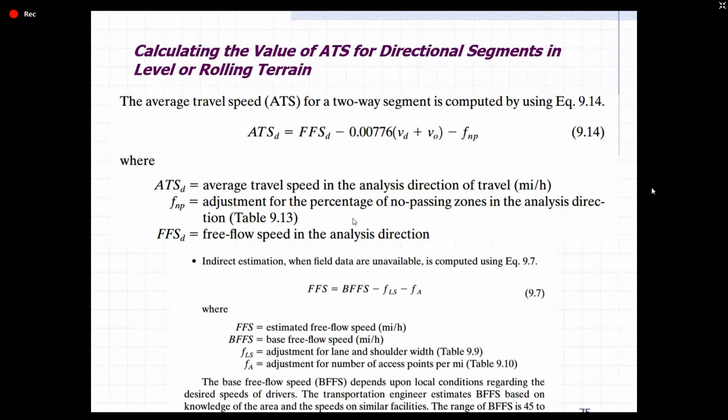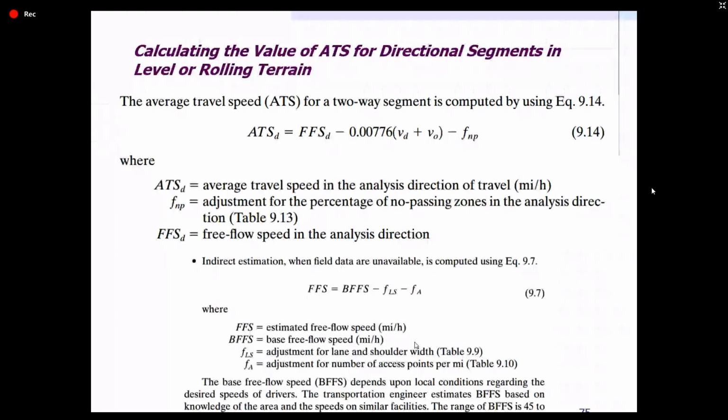This is your BFFS minus your FLS minus your T. I think yung notable na nagbago dito is yung table 9.13. Okay? So, table 9.13, that is for your adjustment for your no passing zones. So, yun siya. Same pa rin. Your BFFS is kung ano yung posted speed. Pag wala, gamitin natin yung 45 to 65.